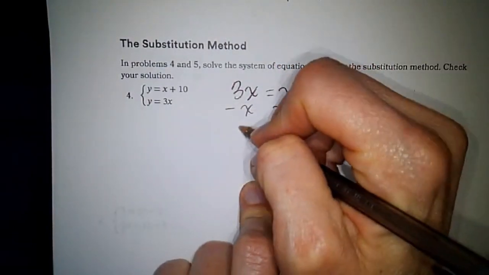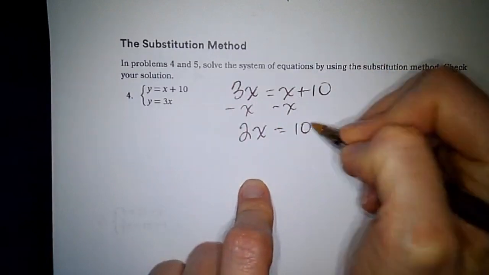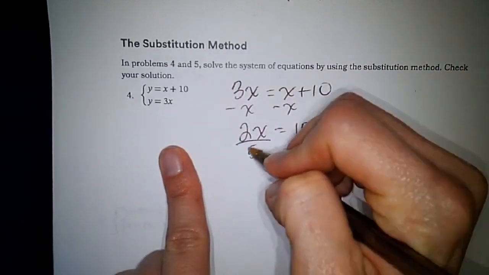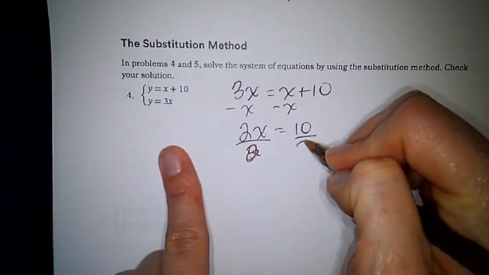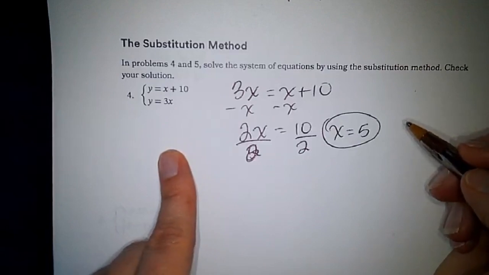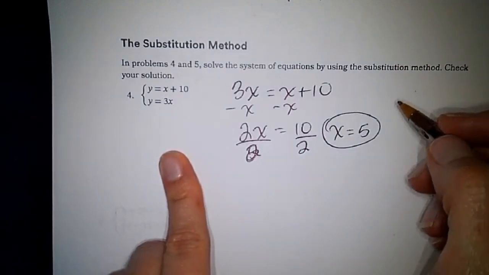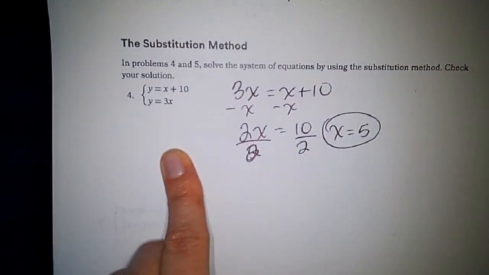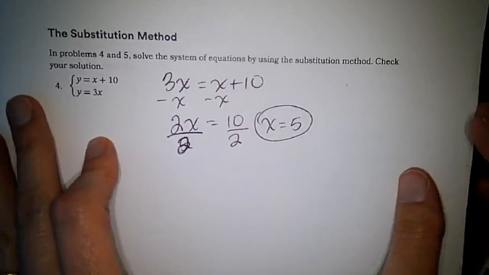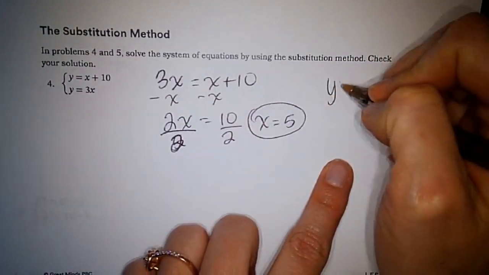2 times what number equals 10? 5. So divide by 2. Divide by 2, x equals 5. Am I done with my problem? No, I now have to figure out what the value of y is. That means that I can substitute into either equation, the first one or the second one. So I can do y equals 5 plus 10 or y equals 3 times 5.